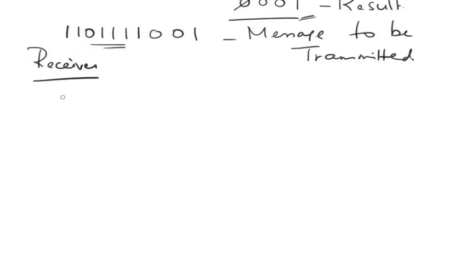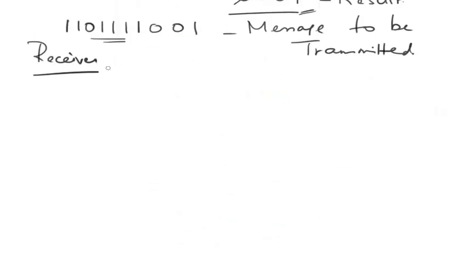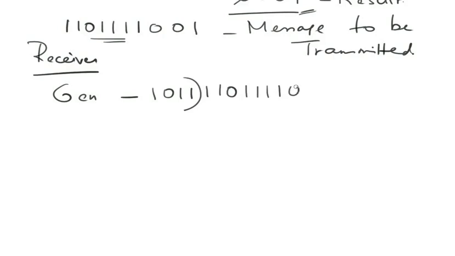We have taken the generator polynomial as 1 0 1 1. This is the divisor and this will be taken as the dividend, 1 1 0 1 1 1 1 0 0 1. So again this division has to be performed.